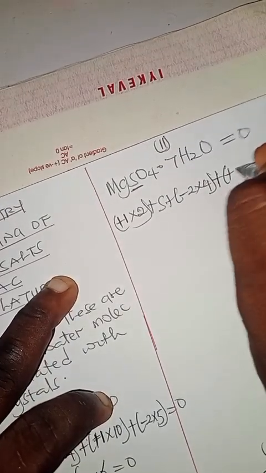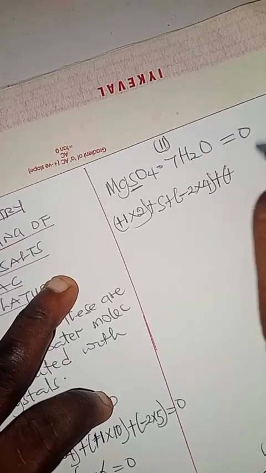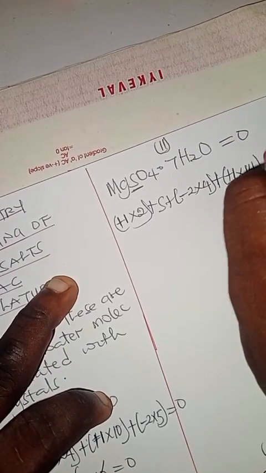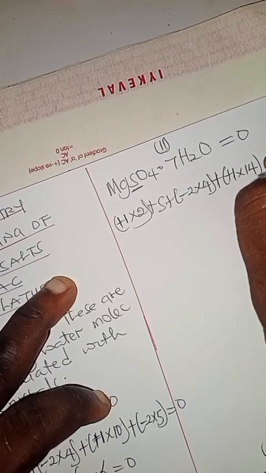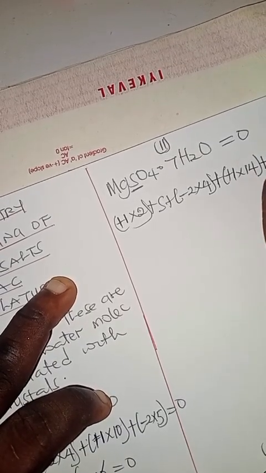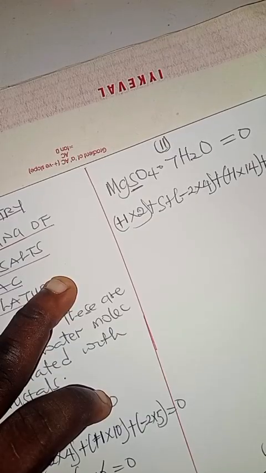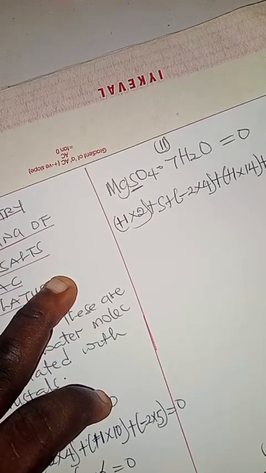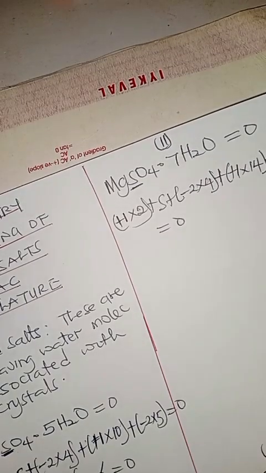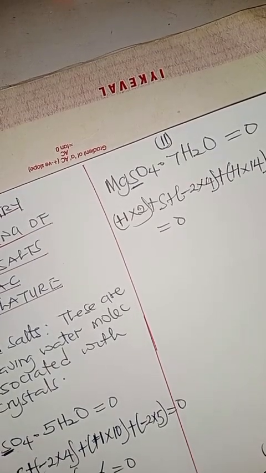Plus, how many hydrogen do we have here? 7. 7 times 2, that's 14. Plus 1 times 14, that's the number of atoms of hydrogen that we have in that place. Plus minus 2 times 7 equals 0. Sum everything to 0. You must solve everything to 0.